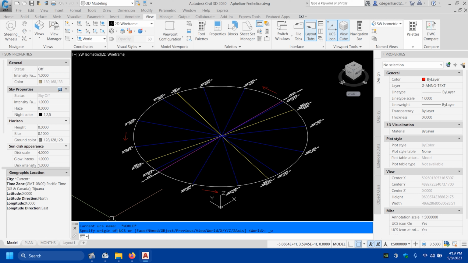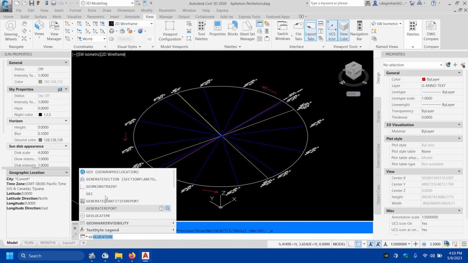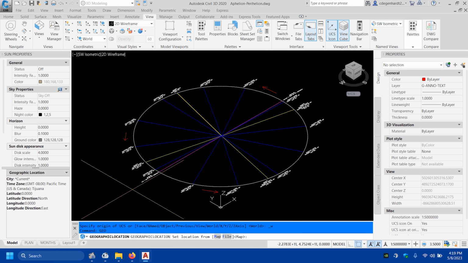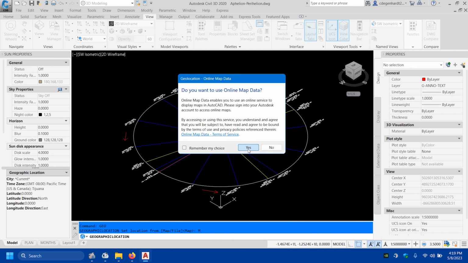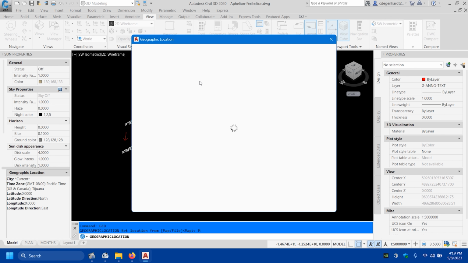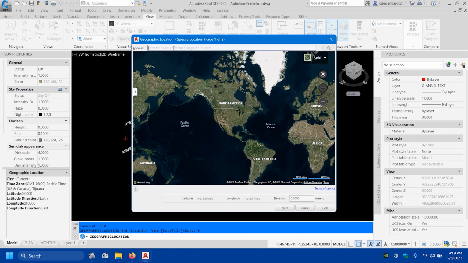So geolocation. Map. So I want Manhattan's location, which is 39.18, comma, negative 96.57.